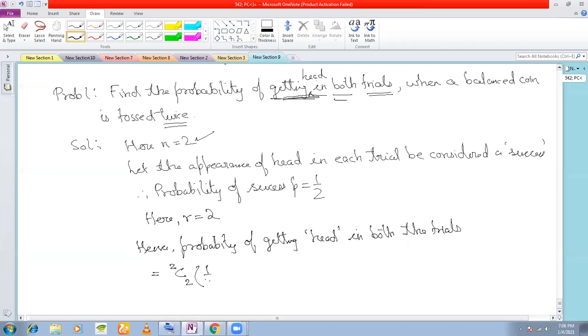Half. And what is the value of q, the probability of failure? 1 minus half, so half, to the power of n minus r. That means 2C2 is 1. Half squared is 1/4. And half to the power of 0 is 1. So the answer is 1 by 4.